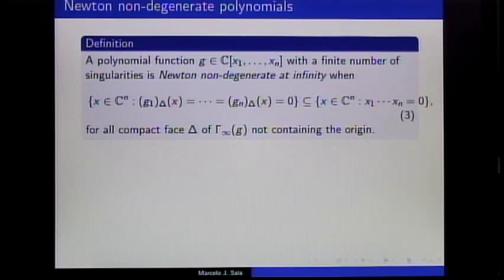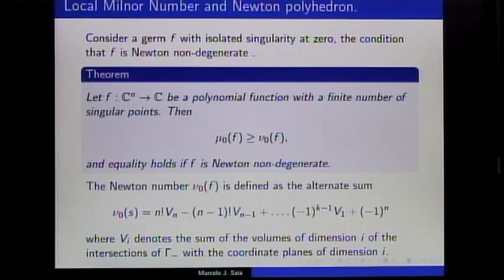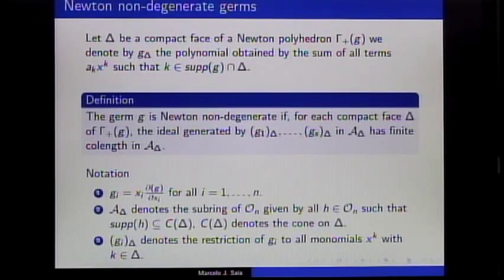We consider now the Newton polyhedron, the global Newton polyhedron of the germ, the big one. We restrict the generator g_i, as I showed before, where the notation is the same, x_i times the derivative ∂f/∂x_i, the derivative multiplied by the same coordinate.